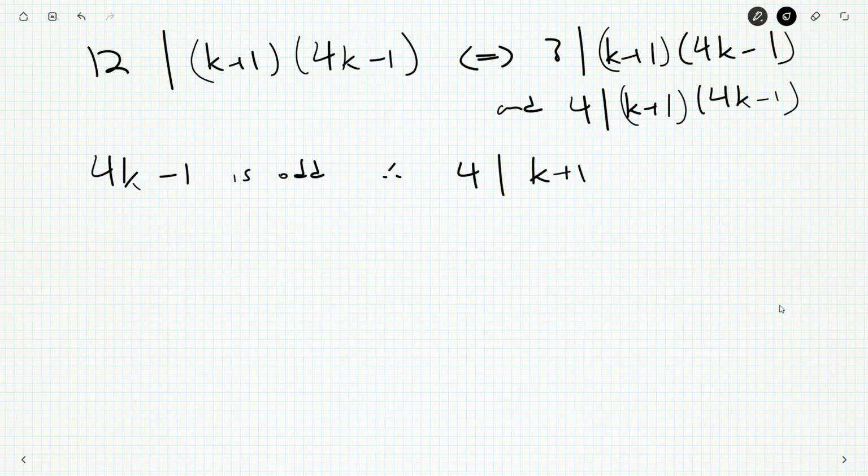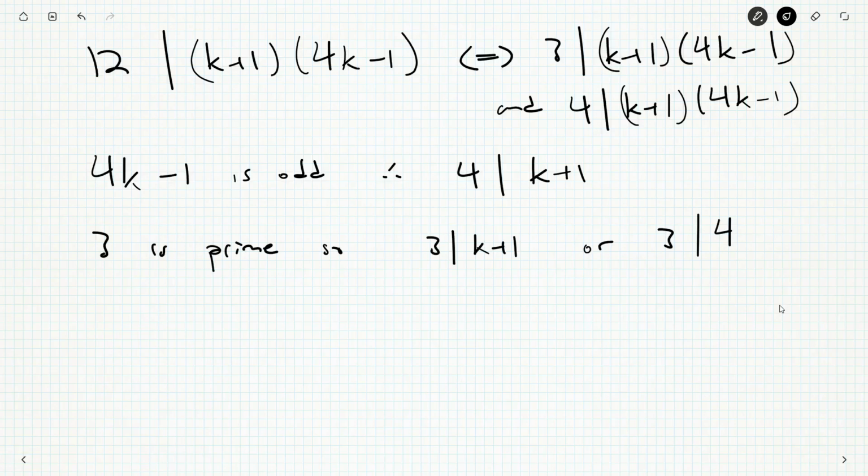Yeah. So that's fine. 3 is prime. So 3 divides k plus 1, or, and possibly both, 3 divides k minus 1. But 3 divides 3k.